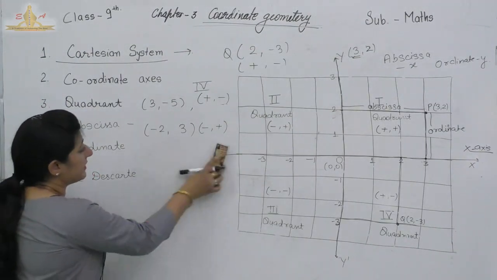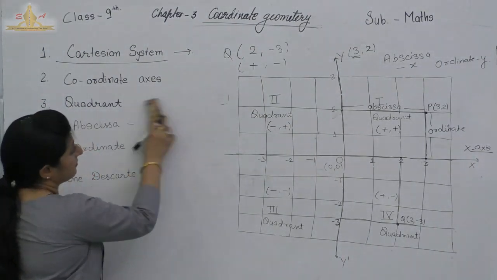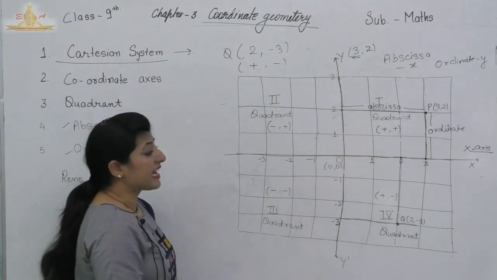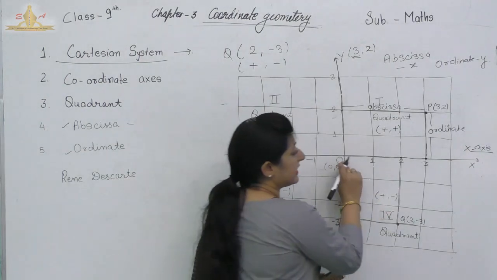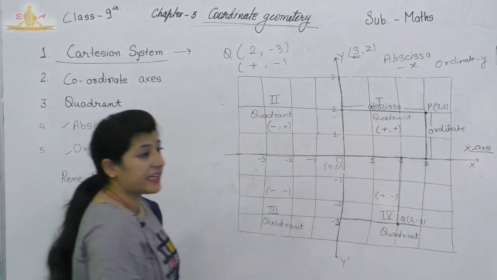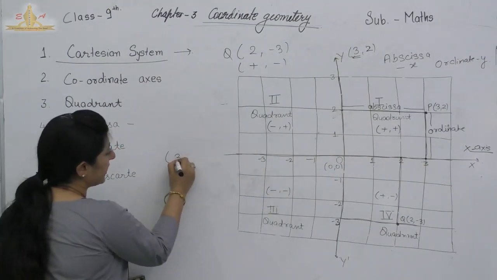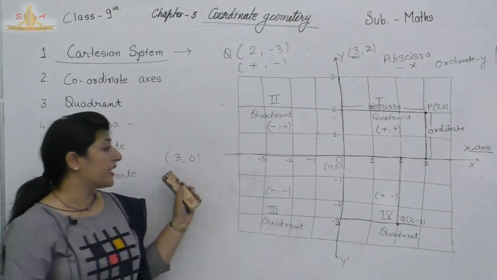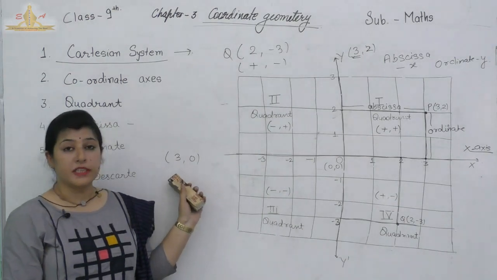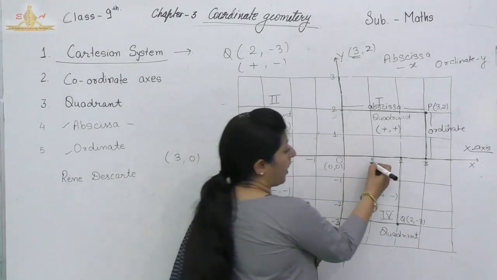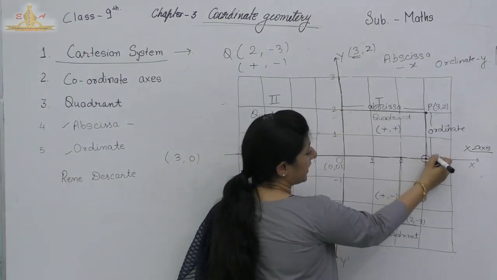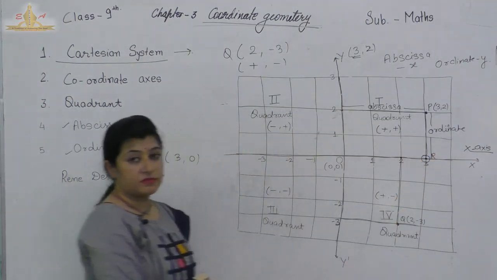Now one thing, see, if we talk about the axis, I am taking any point, that is (3, 0). So where does this point lie on the Cartesian plane? See, 1, 2, 3 here, y is 0, it means this point lies here.